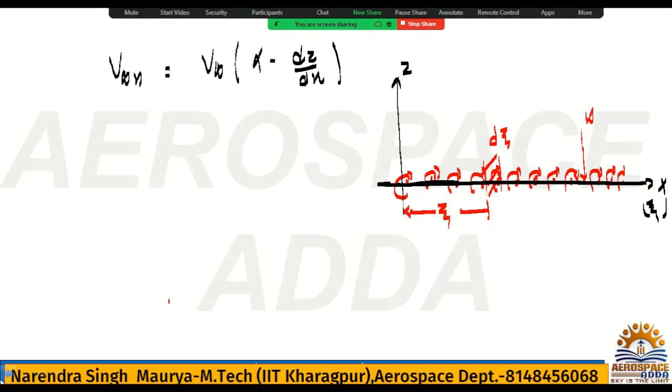Now if you want to calculate the induced velocity at the distance of x, so you can write here the induced velocity at point x.